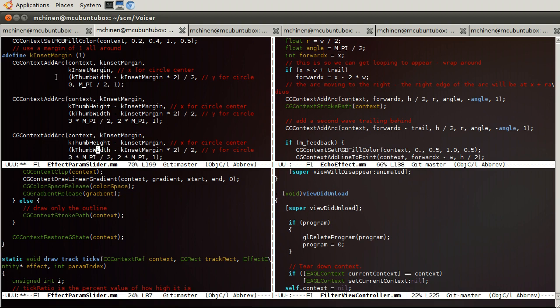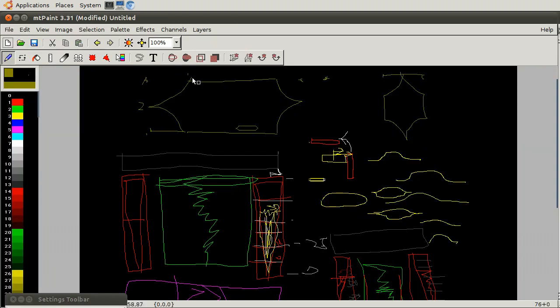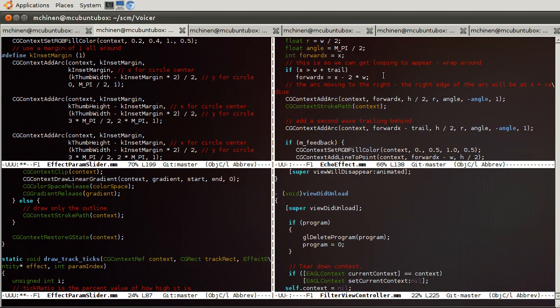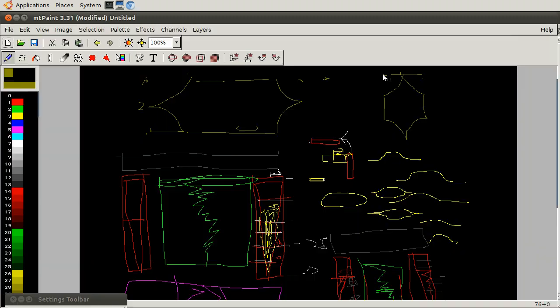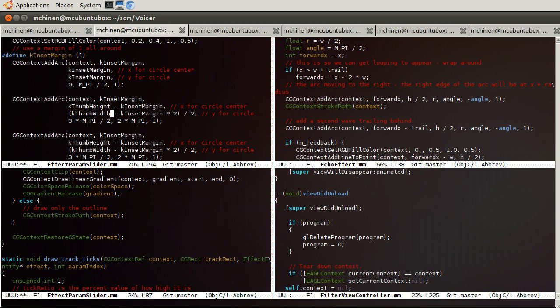Let's verify that. Yep, we moved along the X, so that got us to the other end. I'm not sure what this divide by 2 thing is, because the center of the circle here doesn't have divide by 2. Yeah, that's wrong. It should be the inset margin, right at the beginning, at 0, 0.